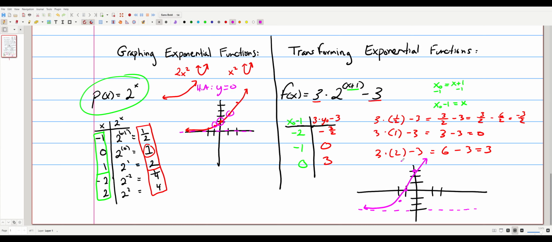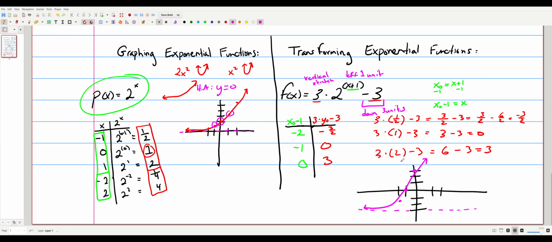And so you can use the same idea that we used for transforming all our other functions. Like this -3 tells us to shift the picture down 3 units. This x plus 1, because we do the opposite, tells us to shift the image left 1 unit. And then this 3 is a vertical stretch.